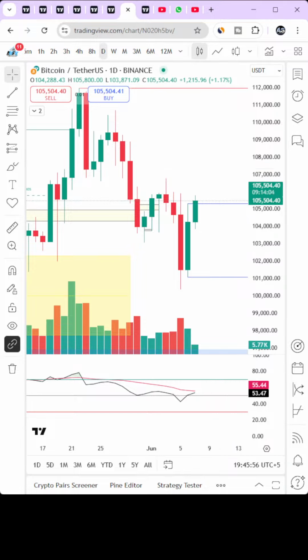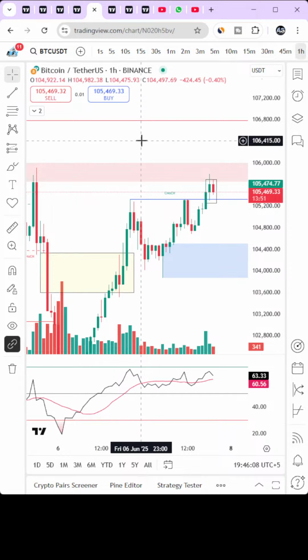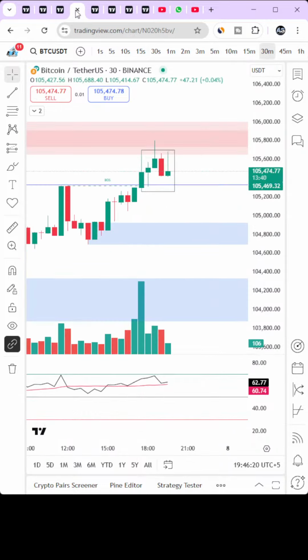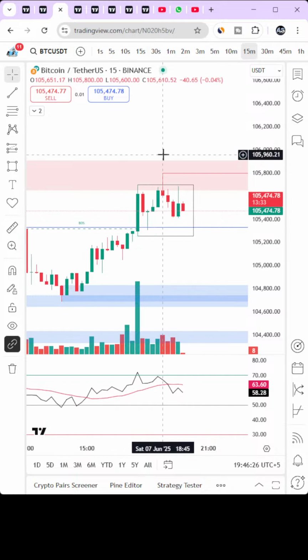And this is a Saturday today, and the market is giving some little movements, not as powerful as it gives from Monday to Friday. So waiting would be the better option to catch any sell or buy trades.